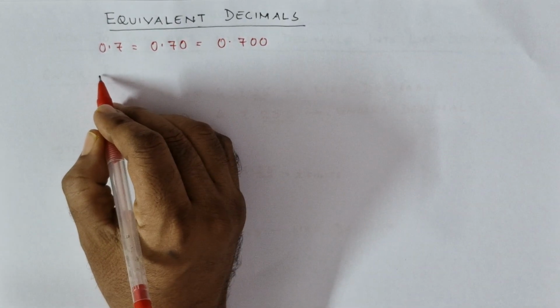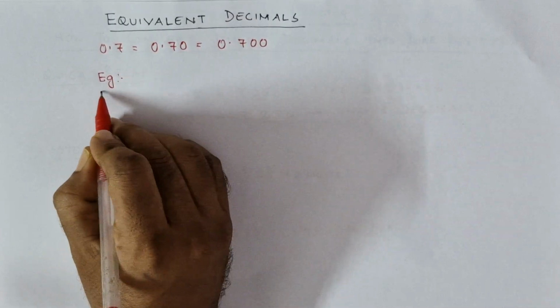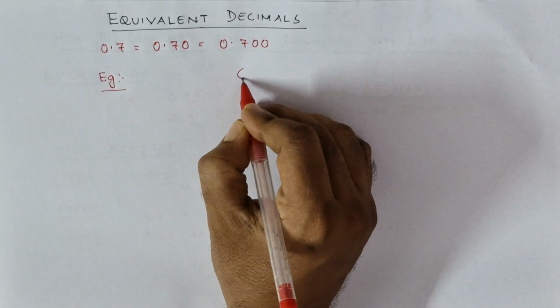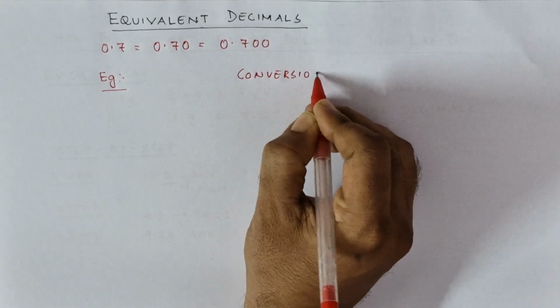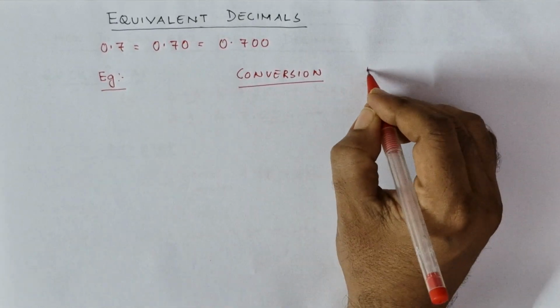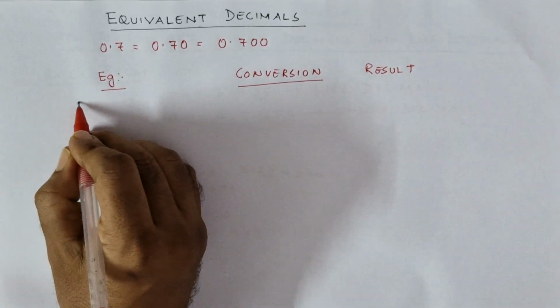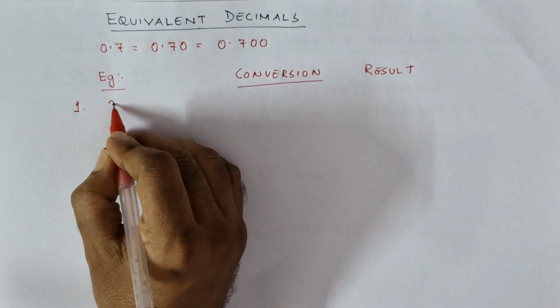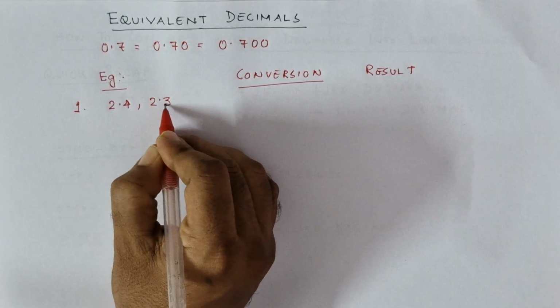Let's see some examples to make the concept much more clear. We take 2.4 and 2.35.